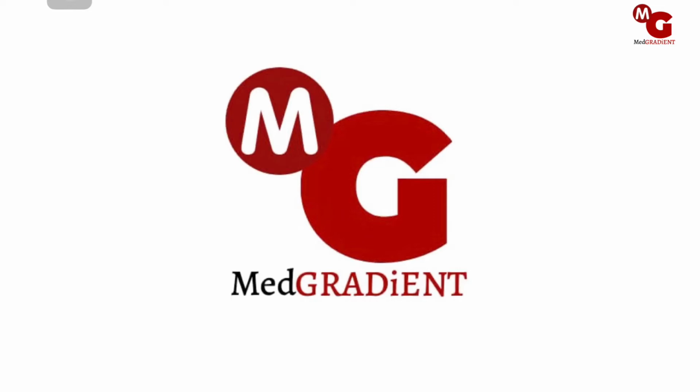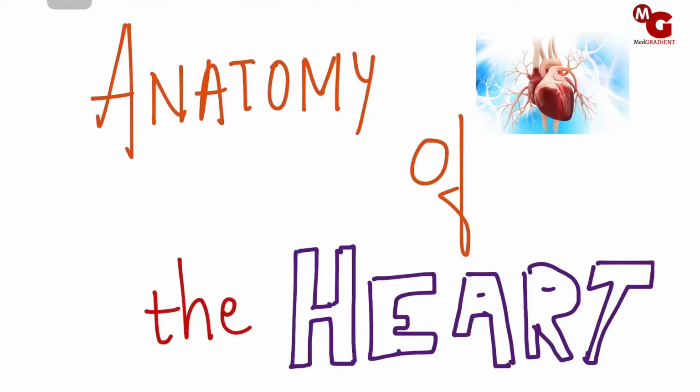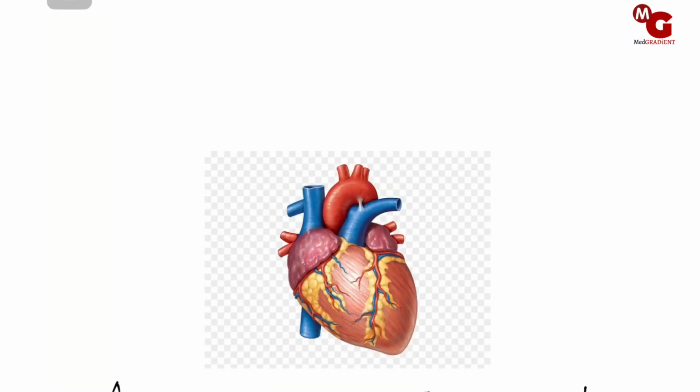So before going to the dissection video, a student should see this video where we discuss the structures of the heart, the theoretical part, so that you have a clear picture of what to expect when you have the real organ. So let's get directly into the anatomy of the heart.